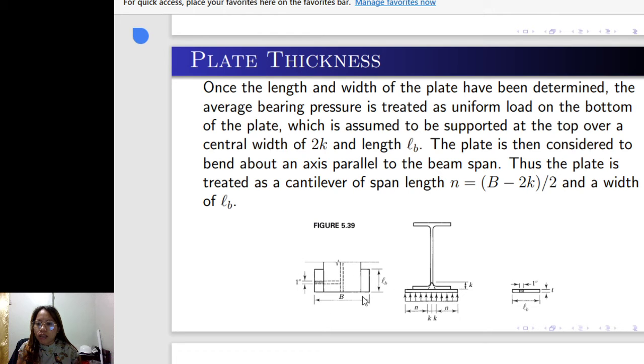If you look at it as an inside view, this bearing plate has a uniform load at the bottom.